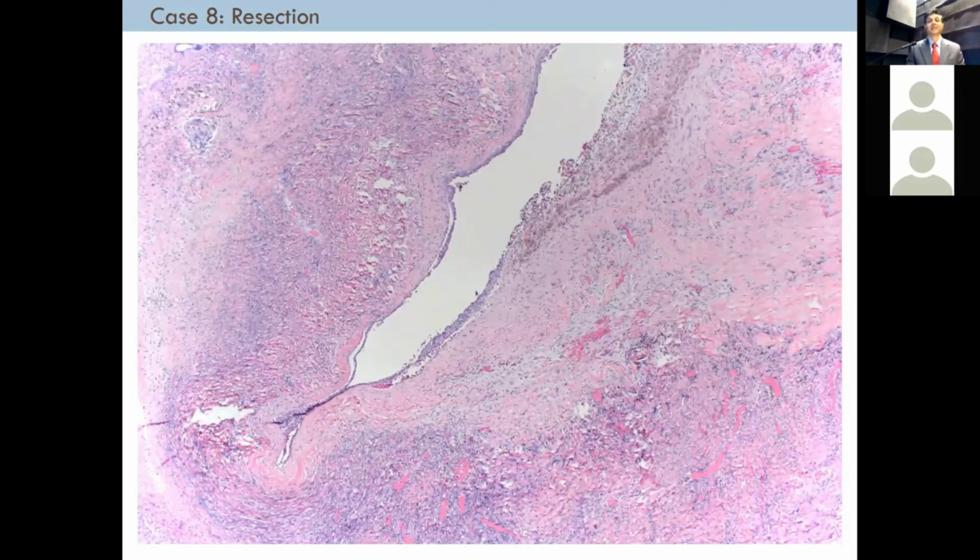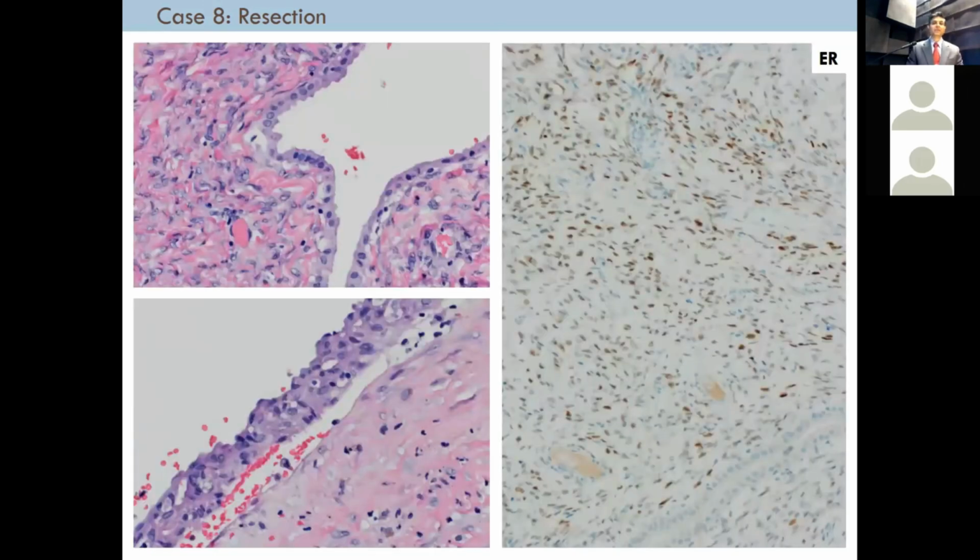This is a section of the cyst wall that shows a rather heterogeneous cyst lining, which was denuded in several areas. Most of the stroma that we saw was hyalinized. However, there were darker areas that were composed of these bluish spindle cells. On high power, you can see the cyst lining.